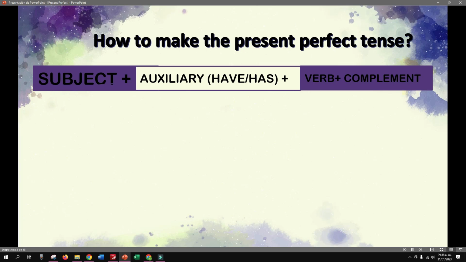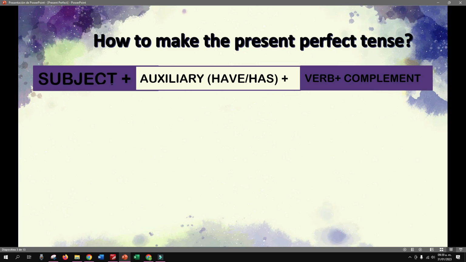You need first a subject, then an auxiliary, have or has. You're going to use have with the subjects I, we, you, and they, and has for the third person singular, he, she, and it. So don't forget that.